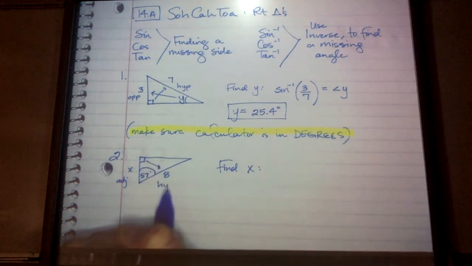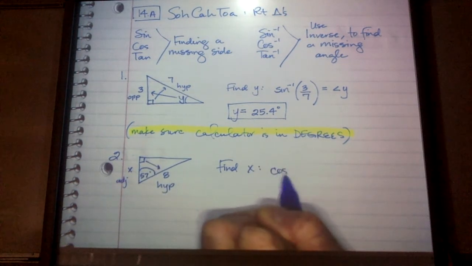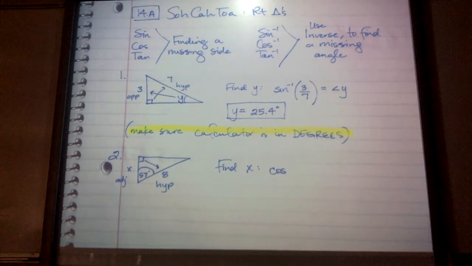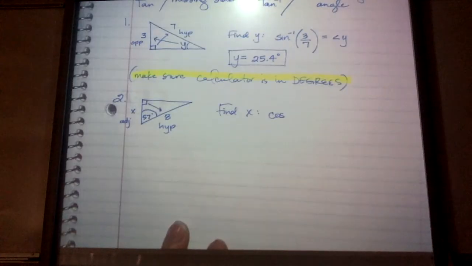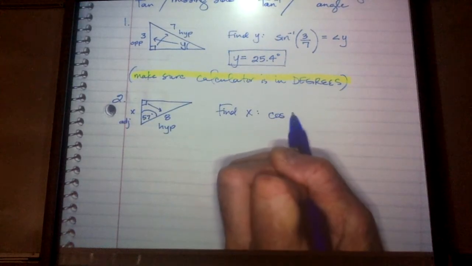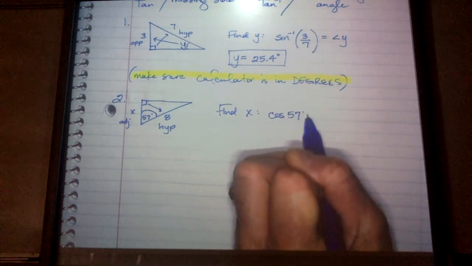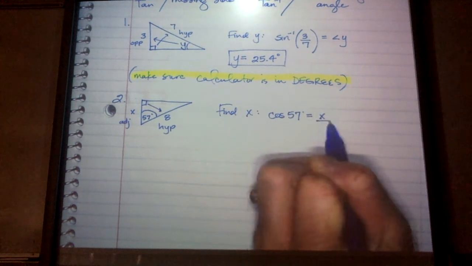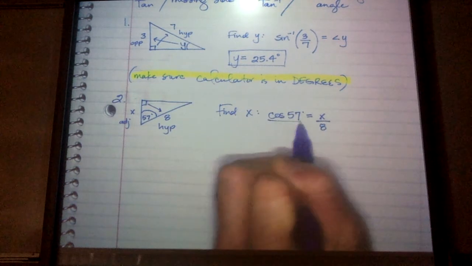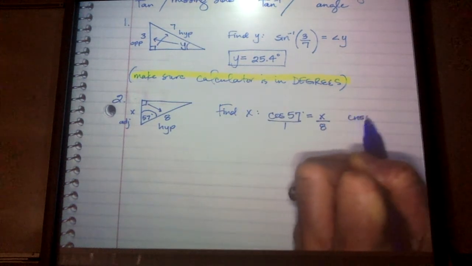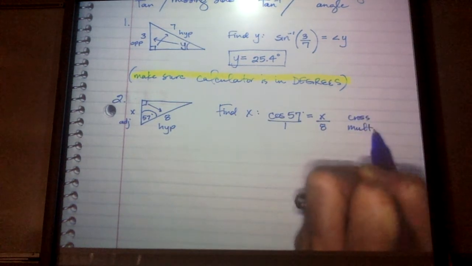So in order to find X, I know that based on this angle, this is adjacent, and this is hypotenuse. So the cosine, I'm using regular because I'm looking for a missing side. So you're using the regular cosine function. The cosine of 57 degrees equals the adjacent divided by the hypotenuse. I like to cross multiply. I think it's the fastest.